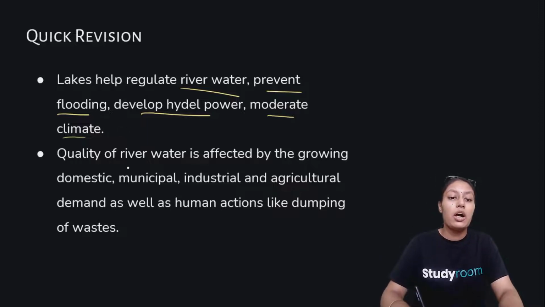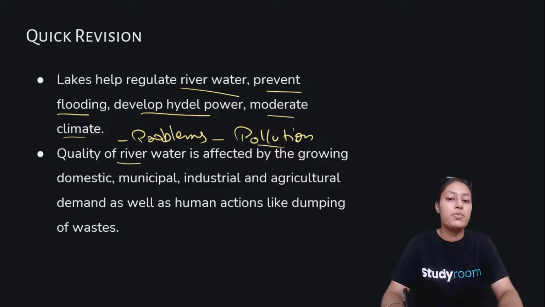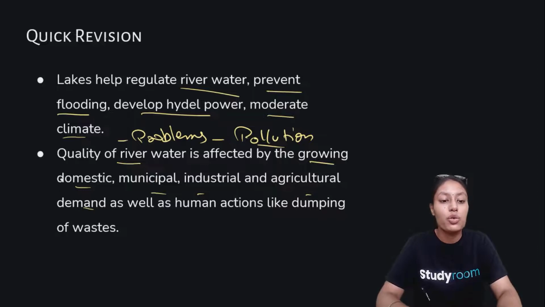Now, about the quality of water, we discussed the problems, in terms of pollution. What are the problems that our water resources are facing? The quality of rivers is being affected due to the growing domestic, municipal, industrial, and agricultural demands.